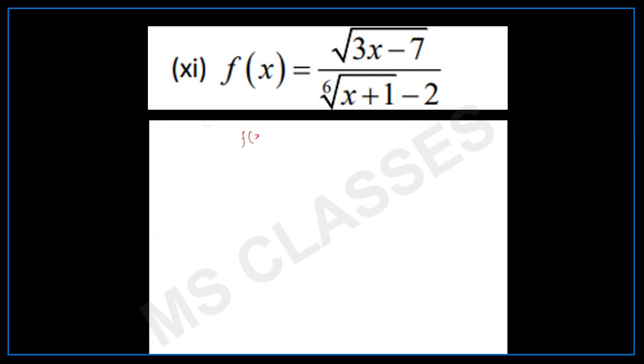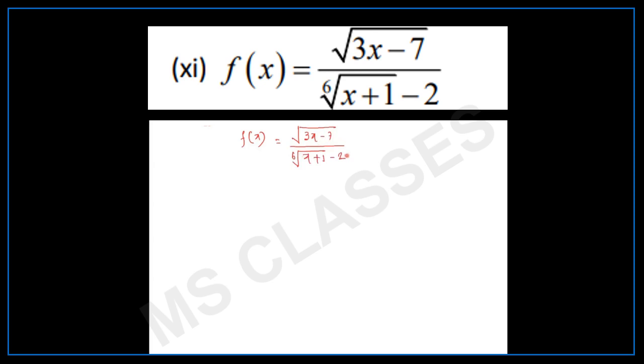f(x) is given by square root of (3x minus 7) divided by (6th root of (x plus 1) minus 2). Now, this function is of the form g(x) by h(x).